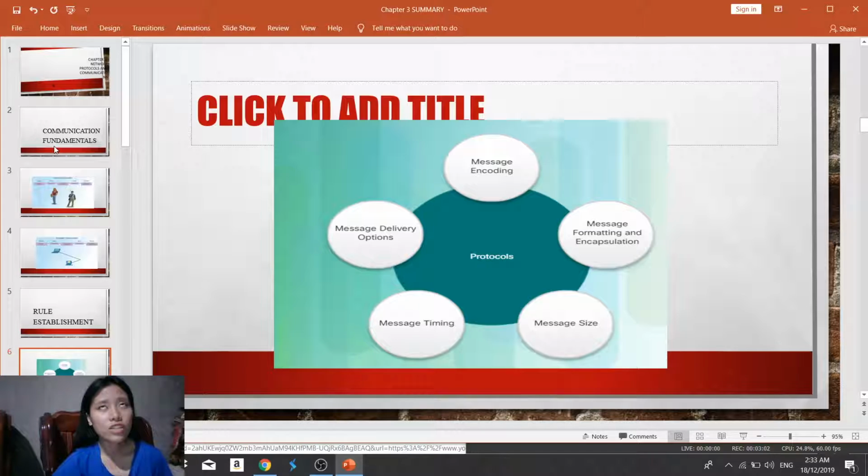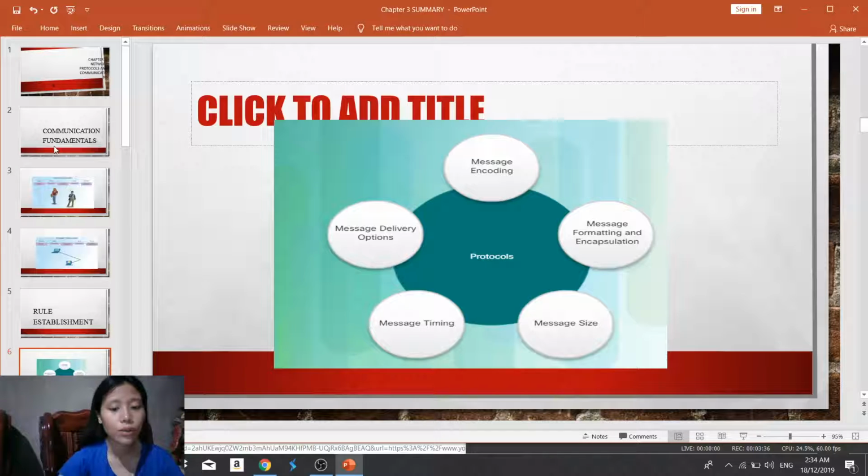Messages sent across the network are first converted into bits by the sending host. Each bit is encoded into a pattern of sounds, light waves, or electrical impulses depending on the network media over which the bits are transmitted.